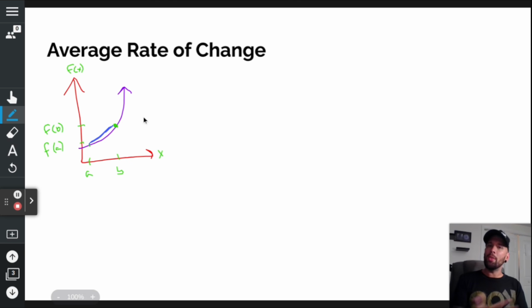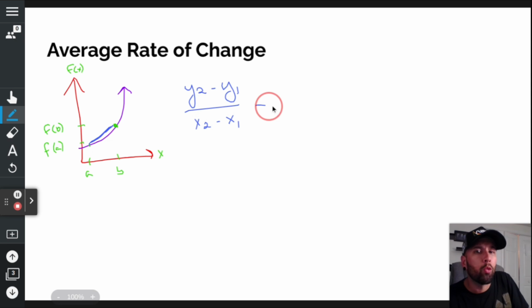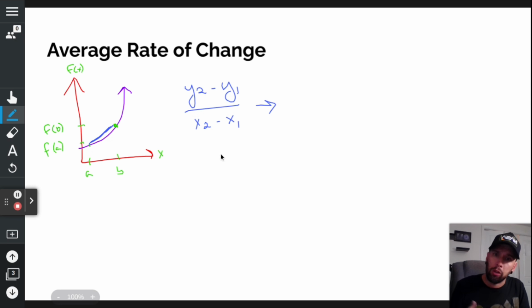However, if I'm not given a graph, or if I need to show calculations, what I normally might do to find rate of change is use the slope formula. However, in AP Precalculus, we rarely use the slope formula.